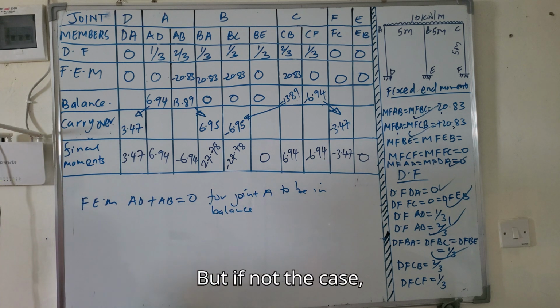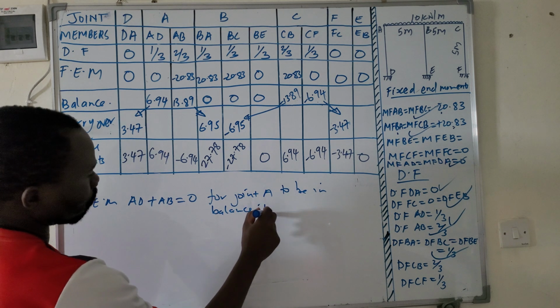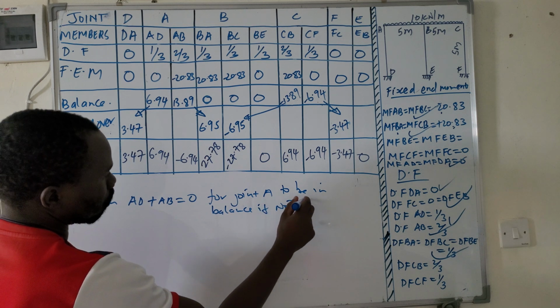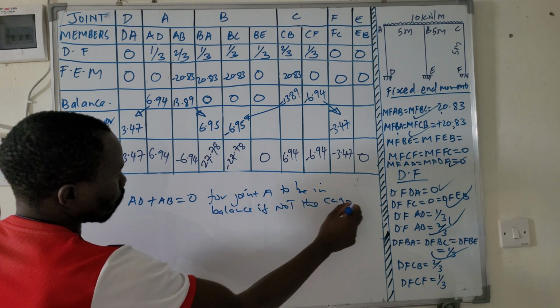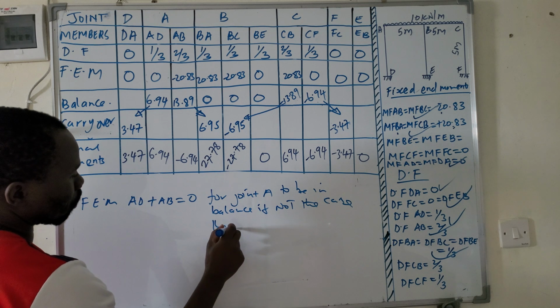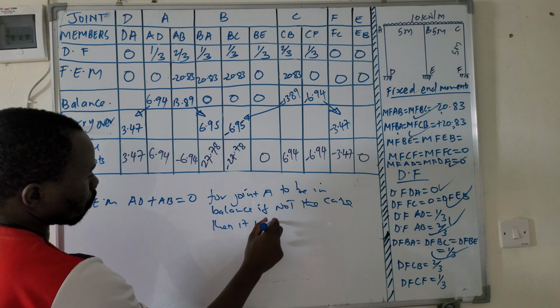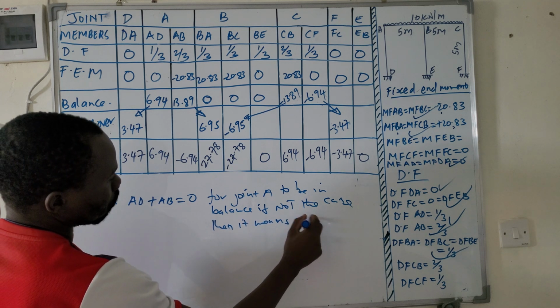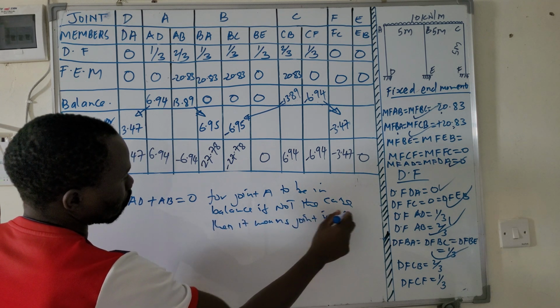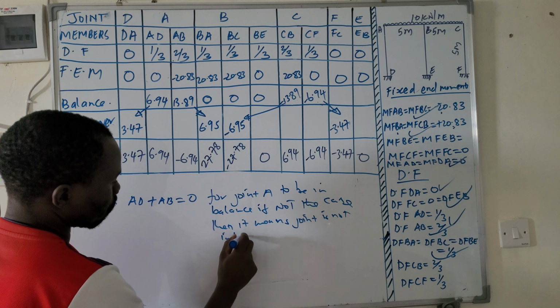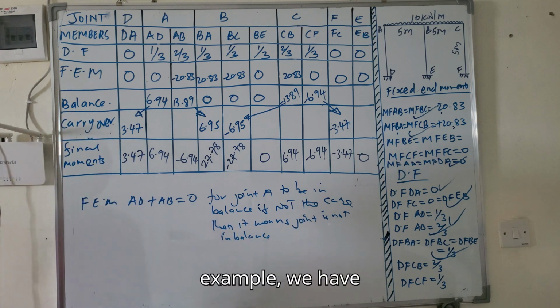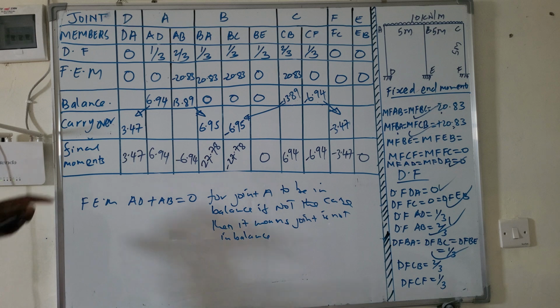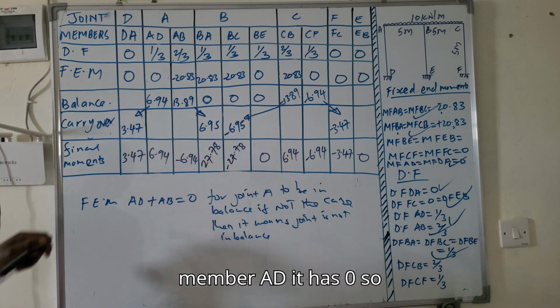But if not the case, then it means the joint is not in balance. Example, we have member AD, it has 0.